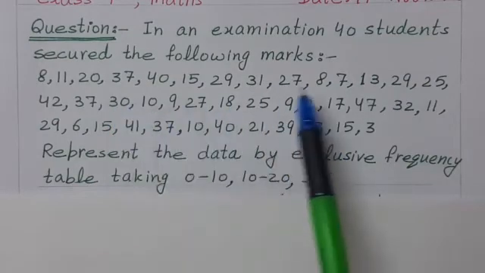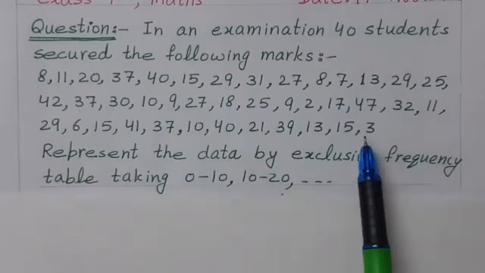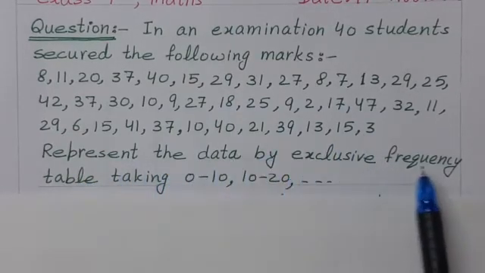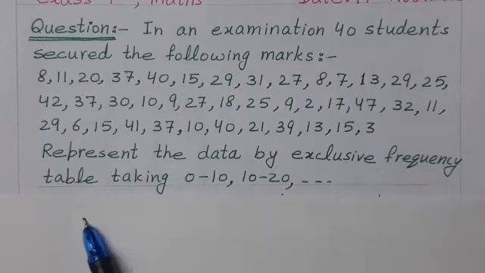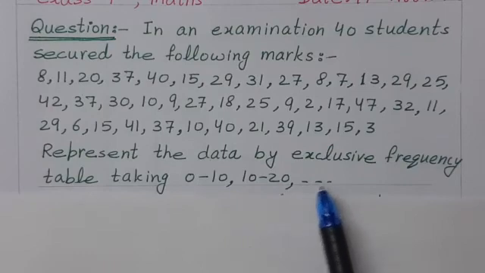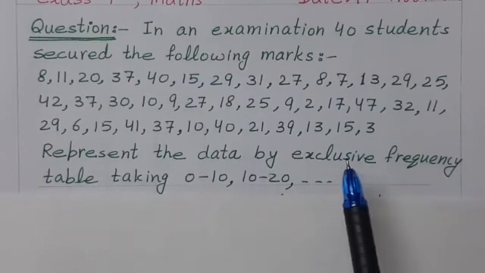So these are marks of 40 students. Now represent the data by exclusive frequency, taking 0 to 10, 10 to 20, 20 to 30 and so on. Students, we have already learned this in the previous lesson. So I hope it is very easy.